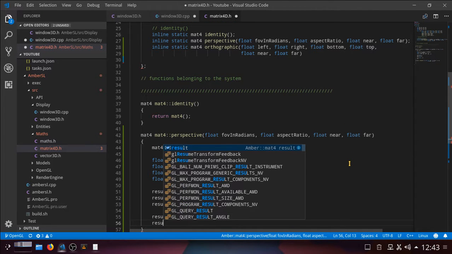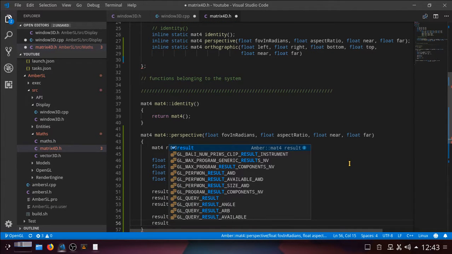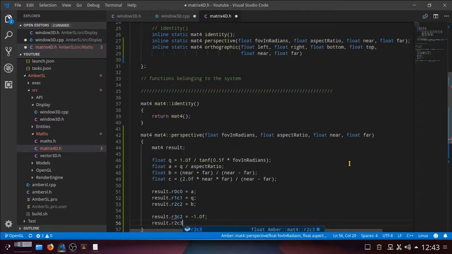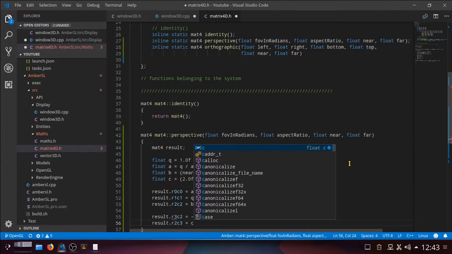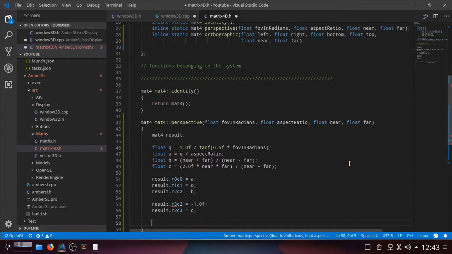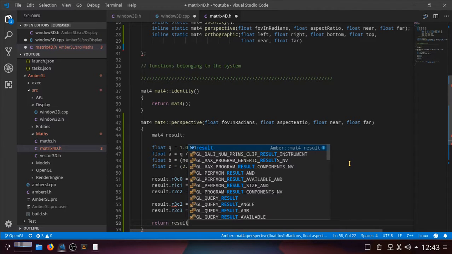And result dot R2C3 equals C. And that's the last variable. Yeah. All variables used. So we can just return result. There we go. That's it.